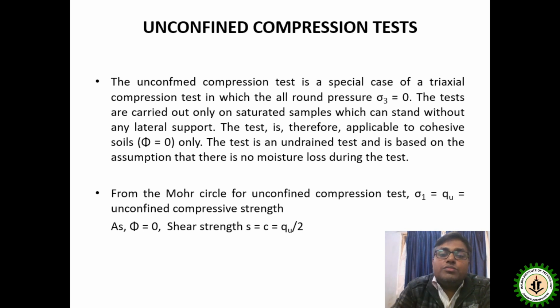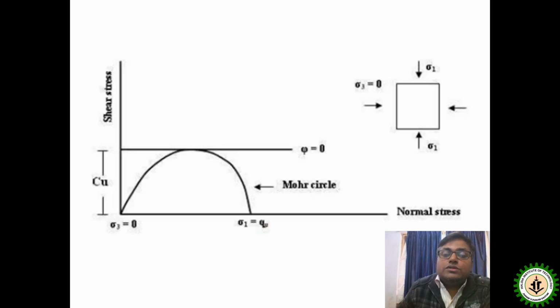In the unconfined compression test there will be no sigma 3. That means no lateral stress, only axial stress will be applied. So there will be no sigma 3, only sigma 1 is there. So if we plot it, it is like this, because sigma 3 is 0 and we are getting sigma 1 till failure. So we have to draw the Mohr circle.